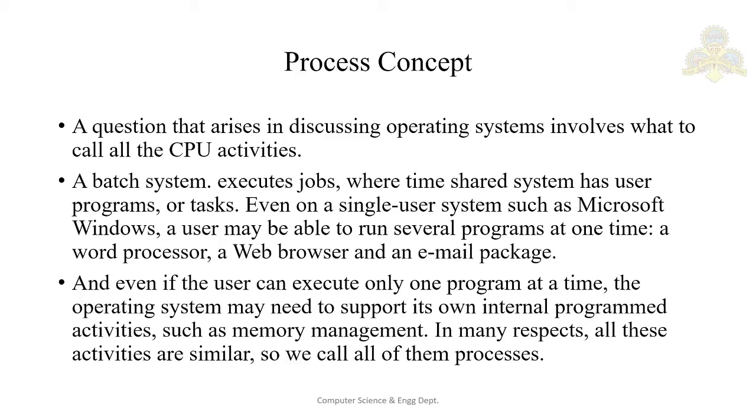A process is nothing but your program which is in execution. Now a program is a piece of code which may be a single line or a million lines of code. Basically you can take an example of a basic C program, right? So that is a program. Whenever you execute this program, we call that a process.